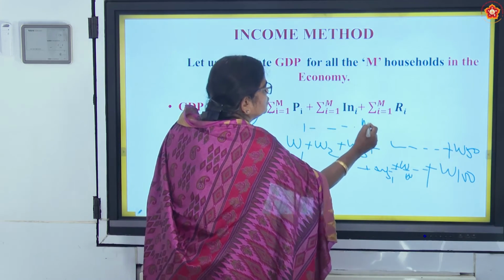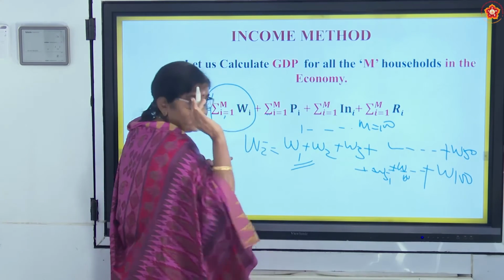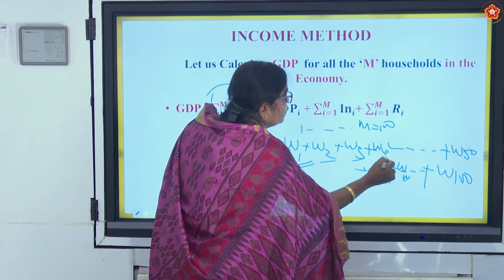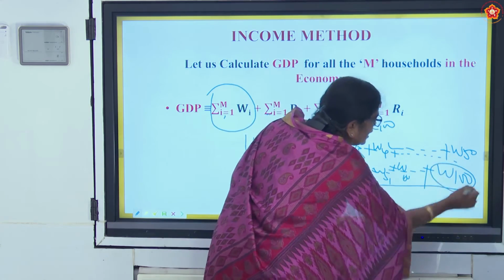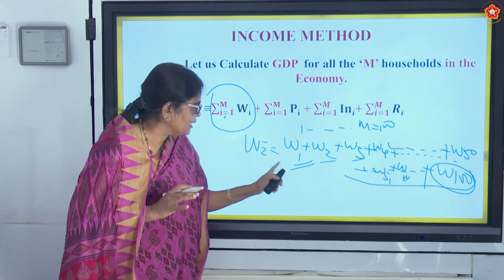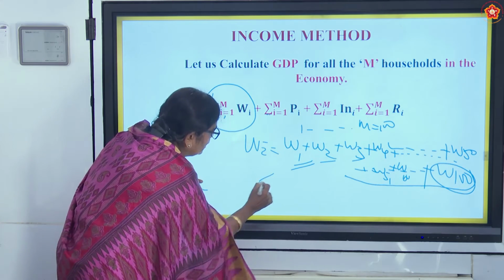I am telling you M is equal to 100. Then all the 100 households, not firms, sorry, W1, W2, W3, W4 plus dot dot, like that up to W100 you will add. This is the expanded form. How do you write it in a summarized, mathematical form?